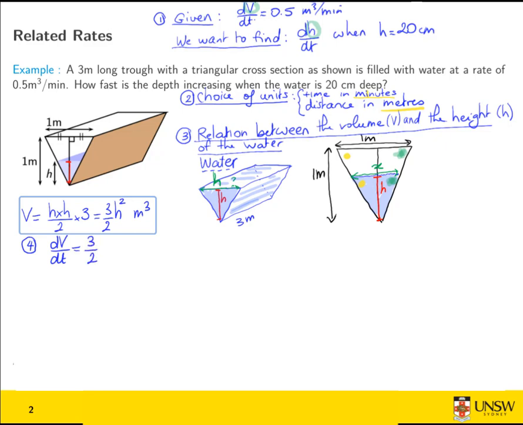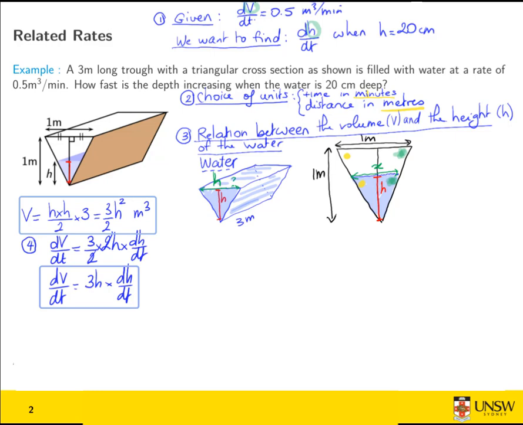The derivative of h squared here is going to be 2h, but remember the variable is t not h, so I get dh/dt by the chain rule. The 2's cancel, so I'm left with dV/dt is equal to 3h times dh/dt. That's a general relationship that's valid at any point in time as you're putting some water in the trough.